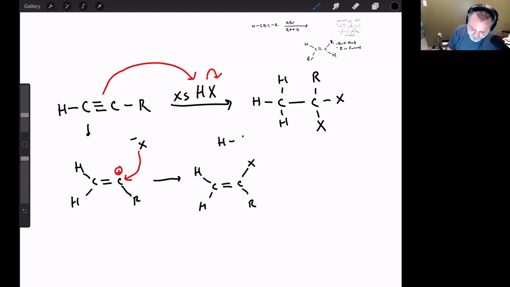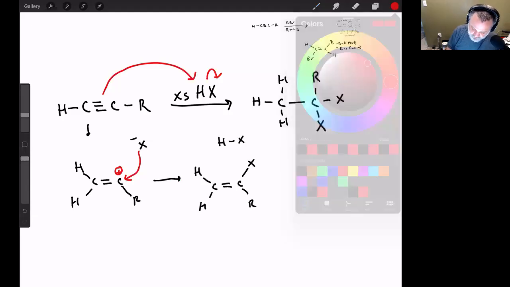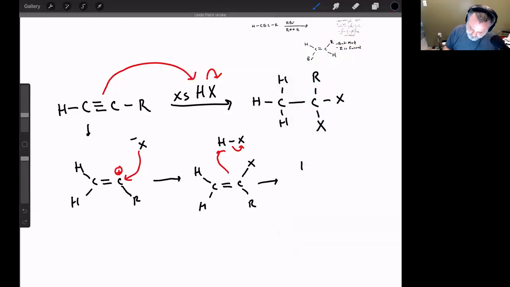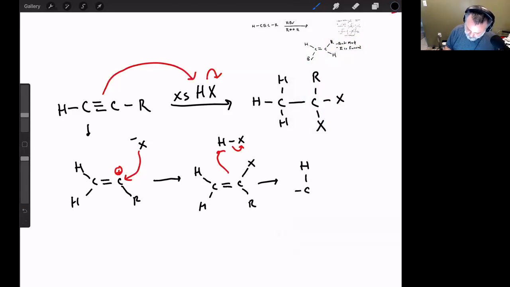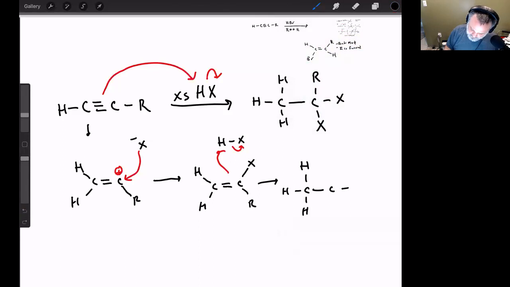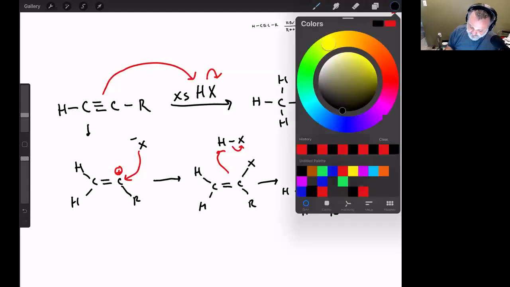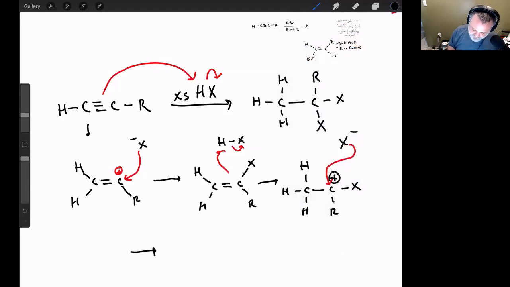But of course, if you have excess HX, then we can come along and do the same reaction again, producing yet another cationic intermediate, where the halide can then come along and add a second time to produce the final product.